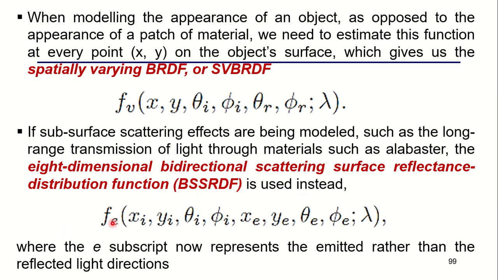So it is represented as a function of Fe, which will be a function of xi, yi, theta i, phi i, xe, ye, theta e, phi e, where this e subscript will now represent the emitted rather than the reflected. So in the earlier case, it was the incident and reflected light parameters. Here it is the emitted light which will be analyzed instead of the reflected light directions.